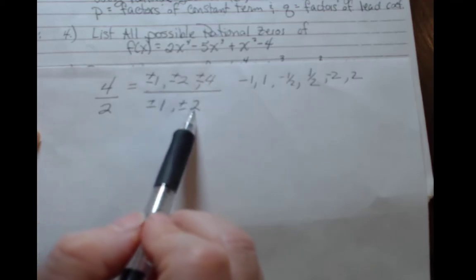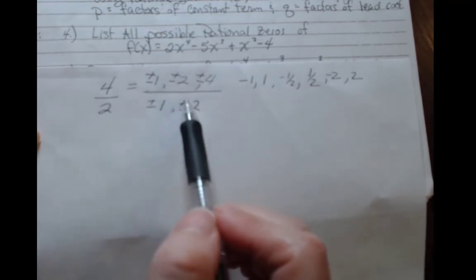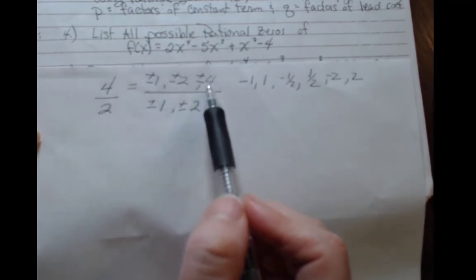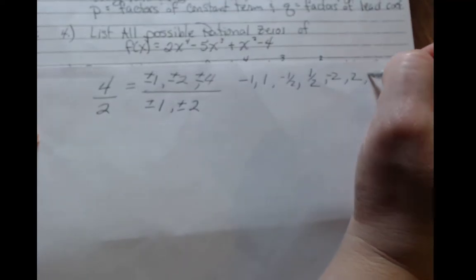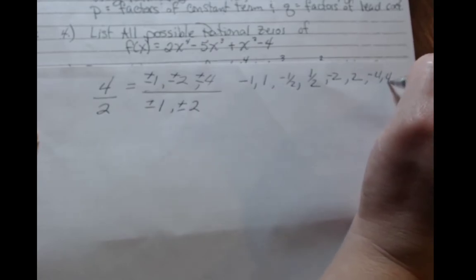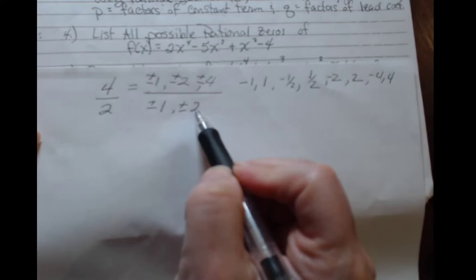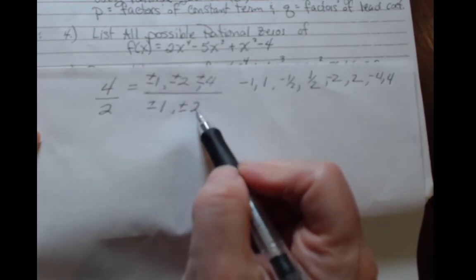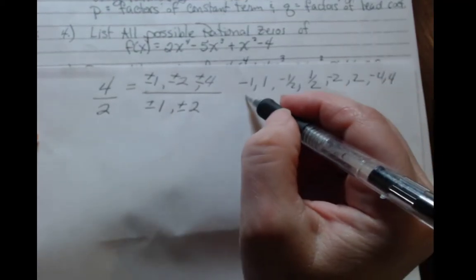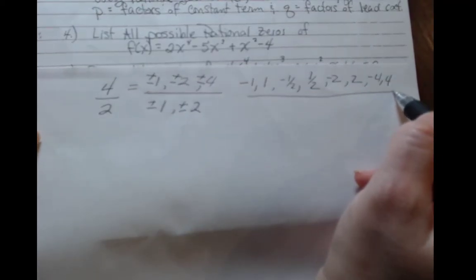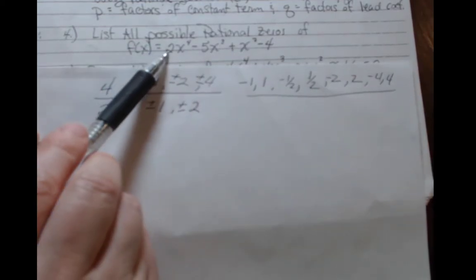And negative 2 over positive 2, I get negative 1. All those combinations are already covered, so I don't need to write them again. 4 over 1 or 4 over negative 1. So negative 4 and positive 4 are possibilities. If I take 4 over 2, I get positive 2. If I take negative 4 over 2, I get a negative 2, which I already have in my list. So this is all possible zeros for this polynomial.